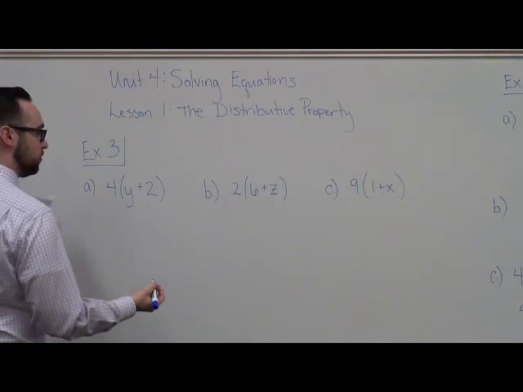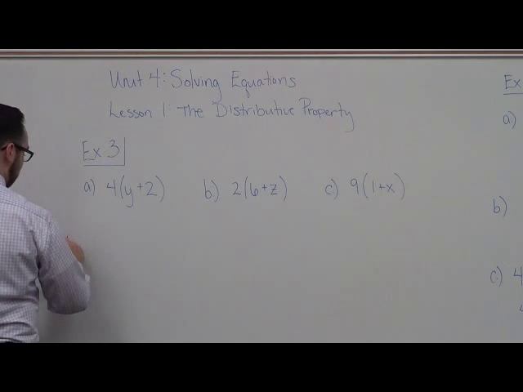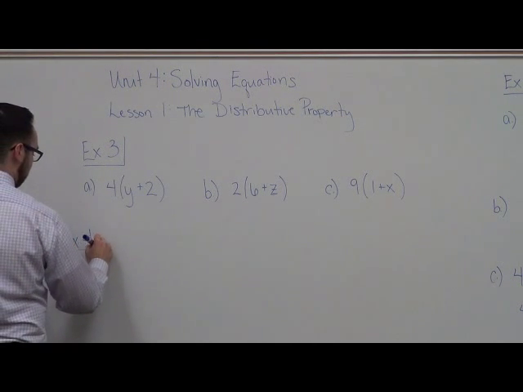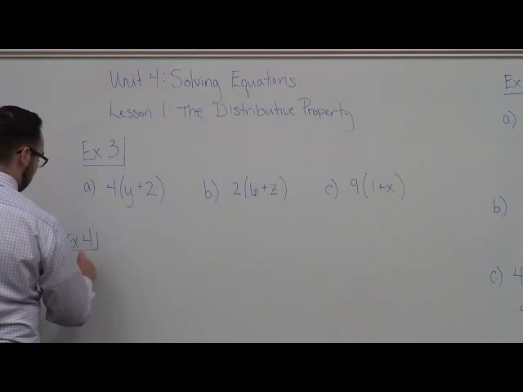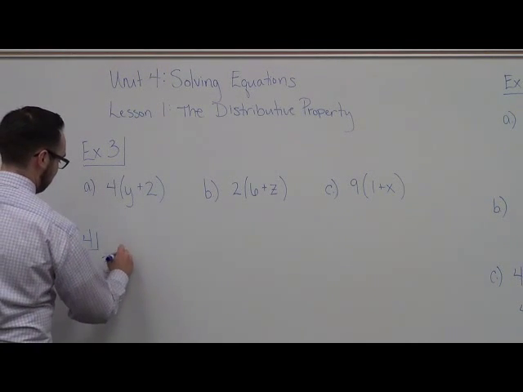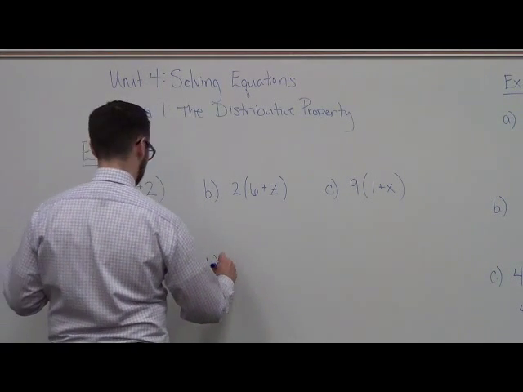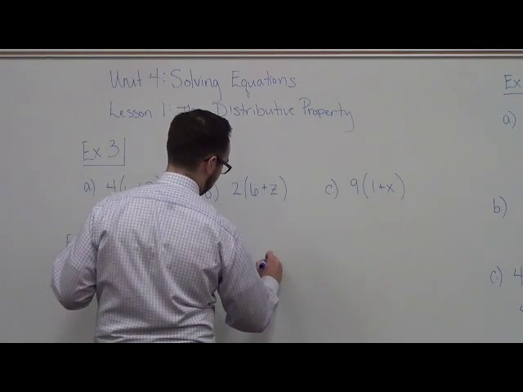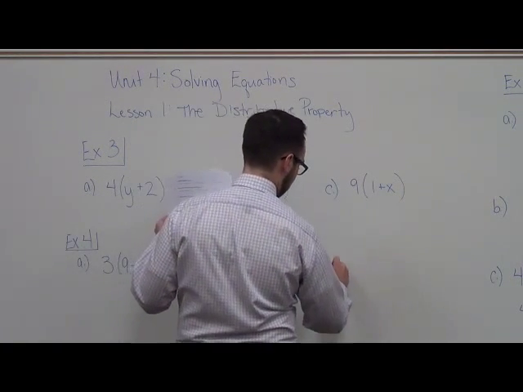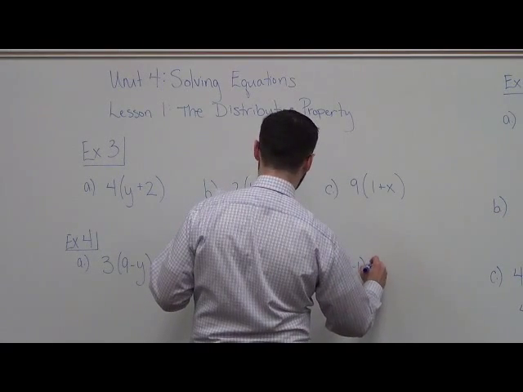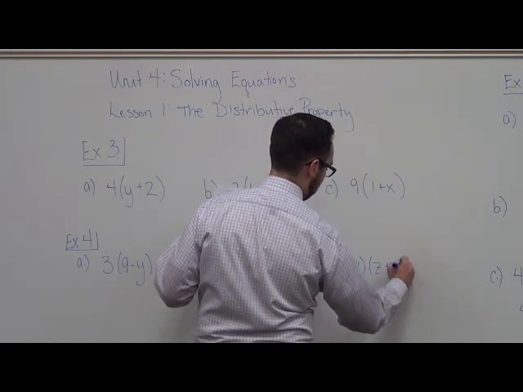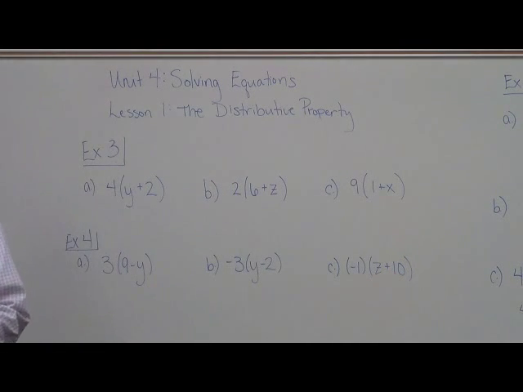And now we can also do this when there's subtraction in the middle. Call this example number 4. A is 3 times 9 minus y. B is negative 3 times y minus 2. And then C will be negative 1 times z plus 10. So go ahead and take a few minutes and solve or rewrite those. And then I will go ahead and start adding in some answers to that after I give you a minute or two.